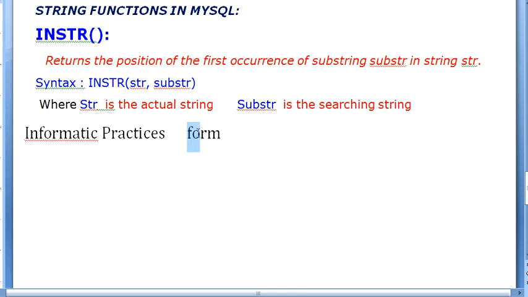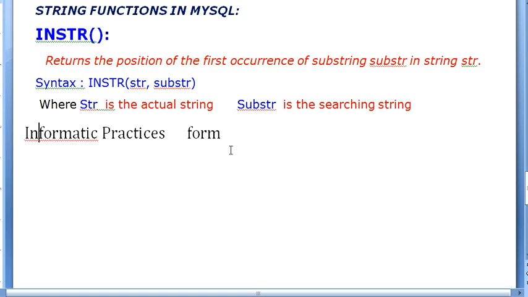If the whole word FORM is present in this string, the whole word should match. Remember that. The first letter where it starts, its index position, will be given. So in this case it will give the result as 3.